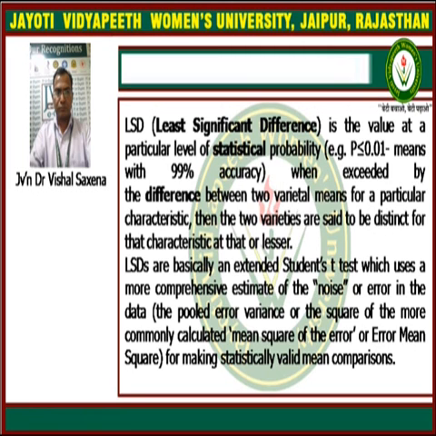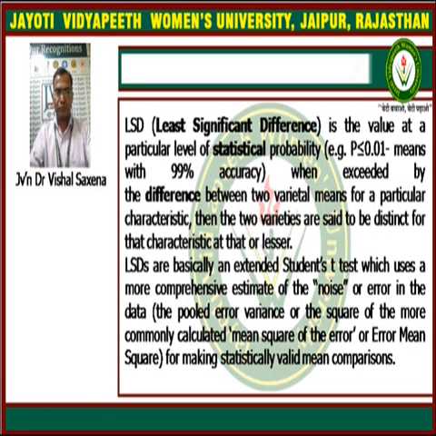When exceeded by the difference between the two varietal means for a particular characteristic, then the two varieties are said to be distinct for that characteristic at that or lesser level.